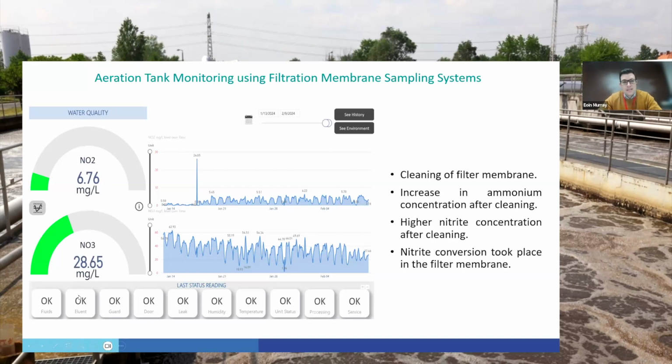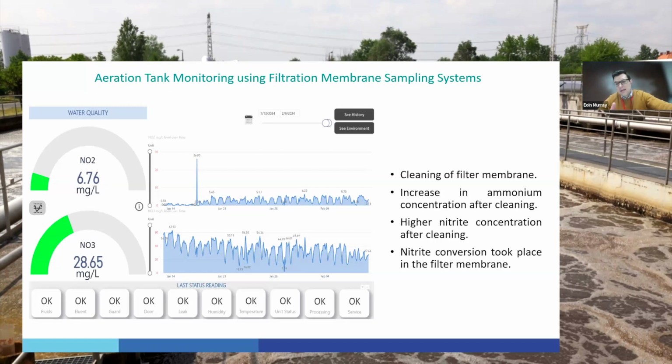As you can see on the top data trace, the nitrite levels were very low for a considerable amount of time, but then they cleaned the filter membrane and observed a significant increase in ammonium concentration after cleaning. They also observed a higher nitrite concentration consistently after the cleaning, which suggests that nitrite conversion was taking place in the filter membrane during the course of the deployment.